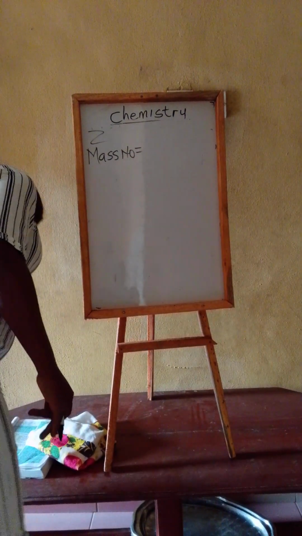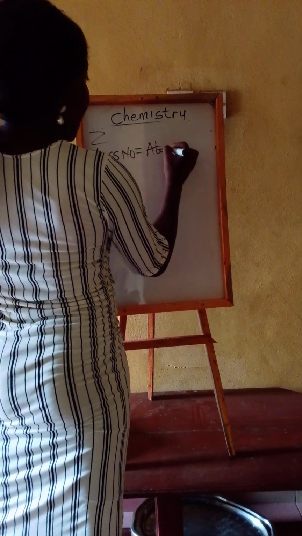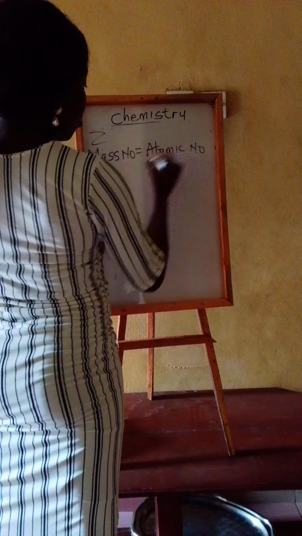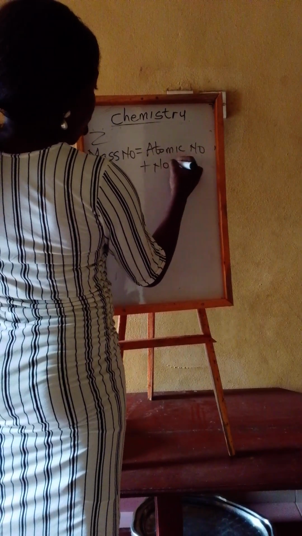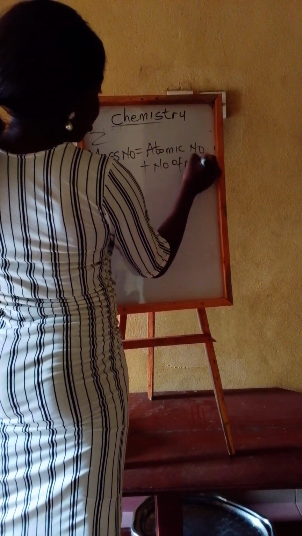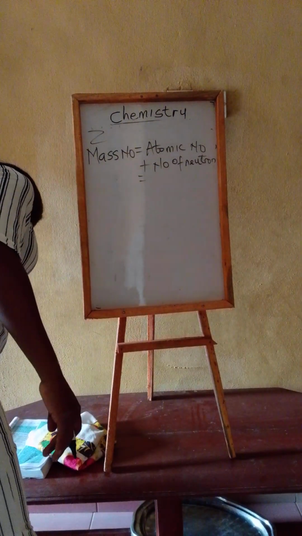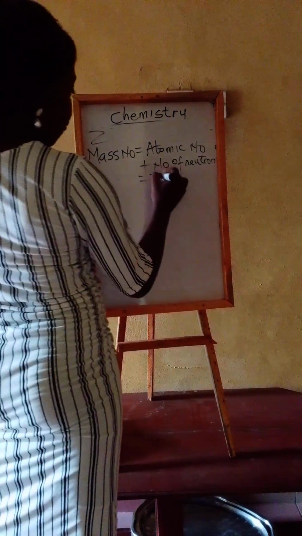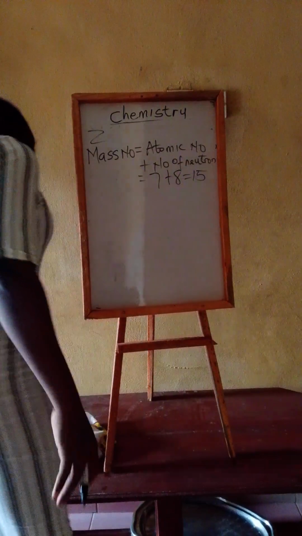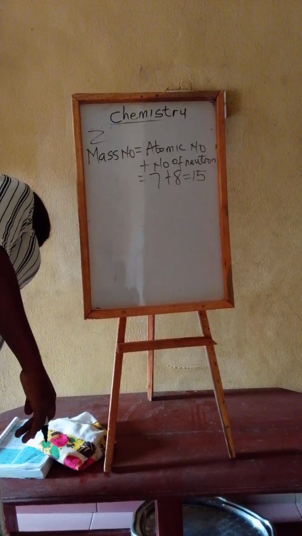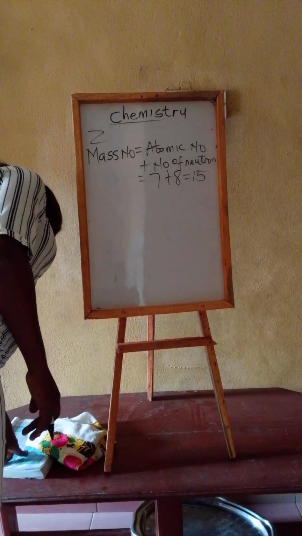So mass number equals atomic number plus number of neutron. So what is the atomic number? We have 7 plus 8. 7 plus 8 is what? 15. Then the next one, the number of neutron equals 8.